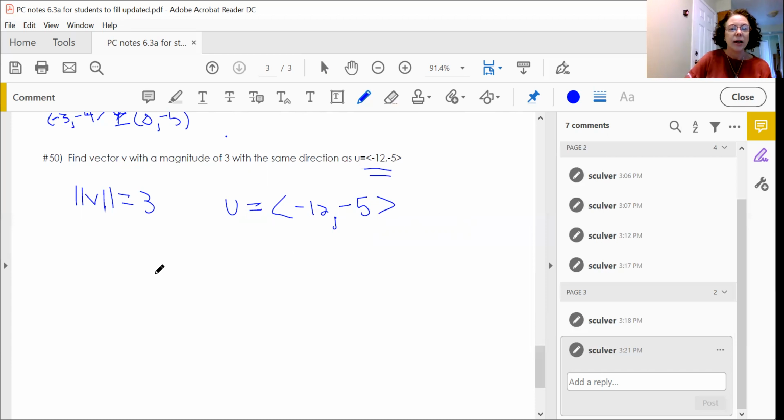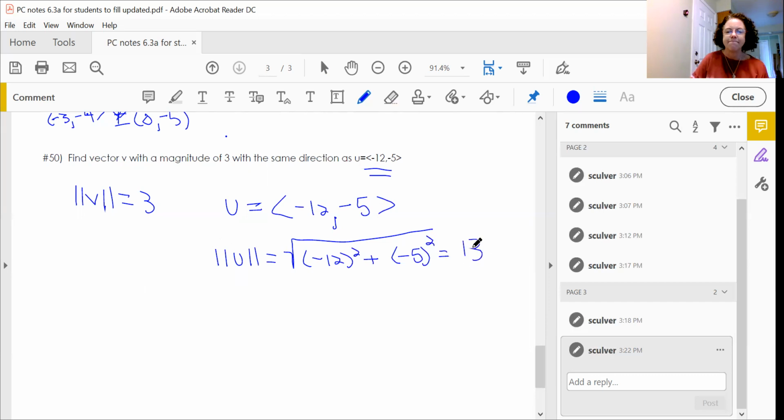Then vector v would be the same as vector u. So let's get the magnitude of u, which is -12 squared plus -5 squared. I'm going to add them up and take the square root, which is 13. So no, vector u has a magnitude of 13.